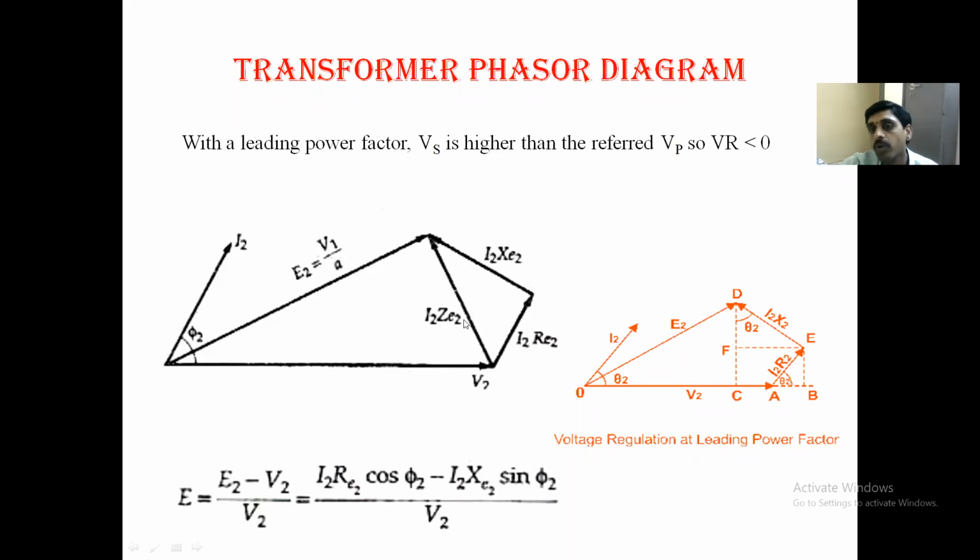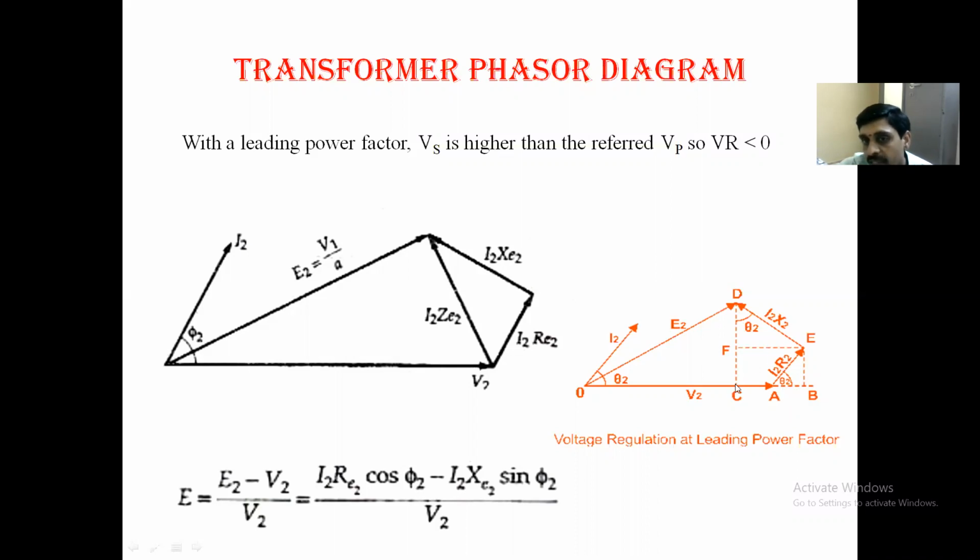The same way as we have done here, you construct a right angle triangle at this point. If this is theta, then this is also theta, according to triangle principles. That means if it is theta, then we should know this part: I2 R02 cos theta. And this part: I2 X02 sin theta.